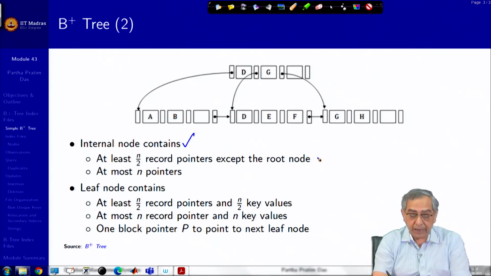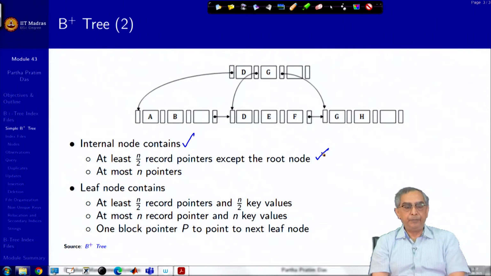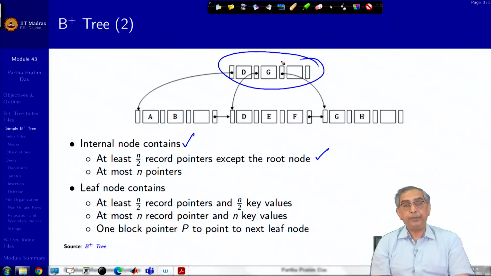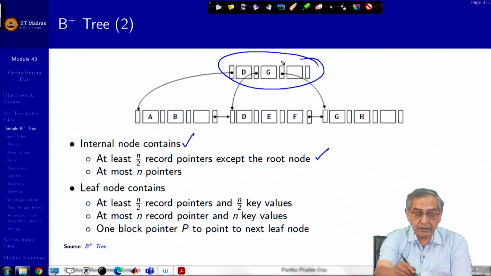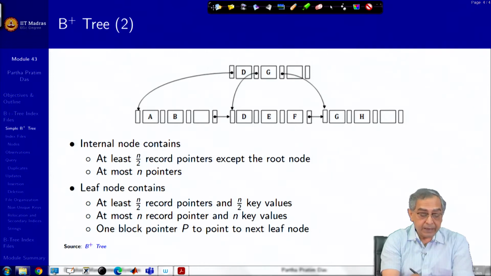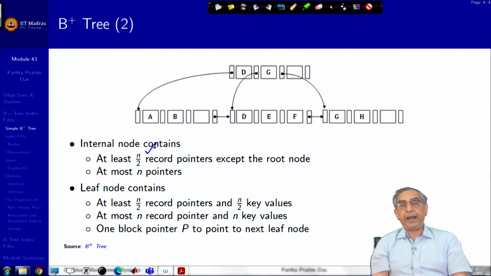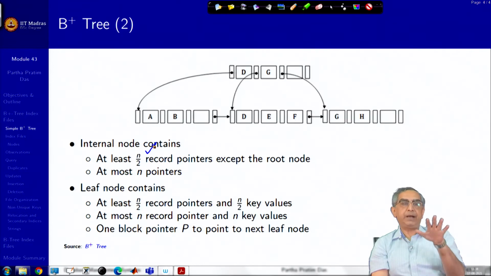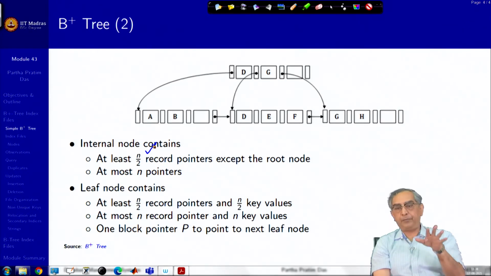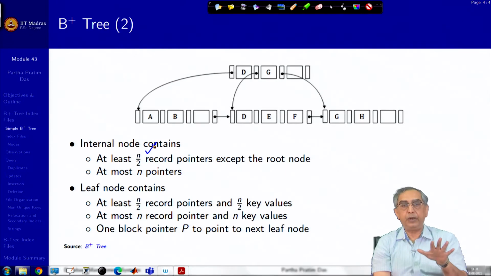To strike a balance, we have a very nice rule that in every internal node, like this is an internal node, of course this is very special because it is the root also, at least n by 2 record pointers must be there, where n is the maximum number of keys and pointers that a particular node can fit.